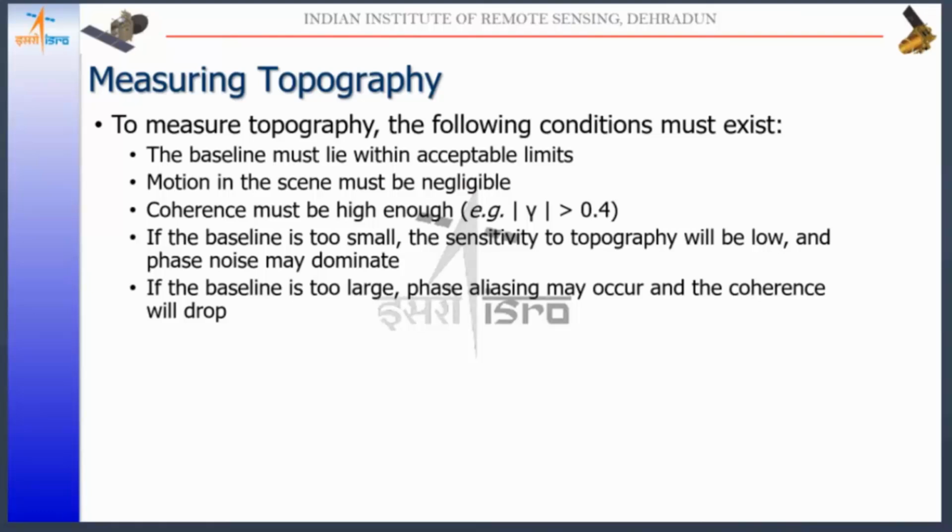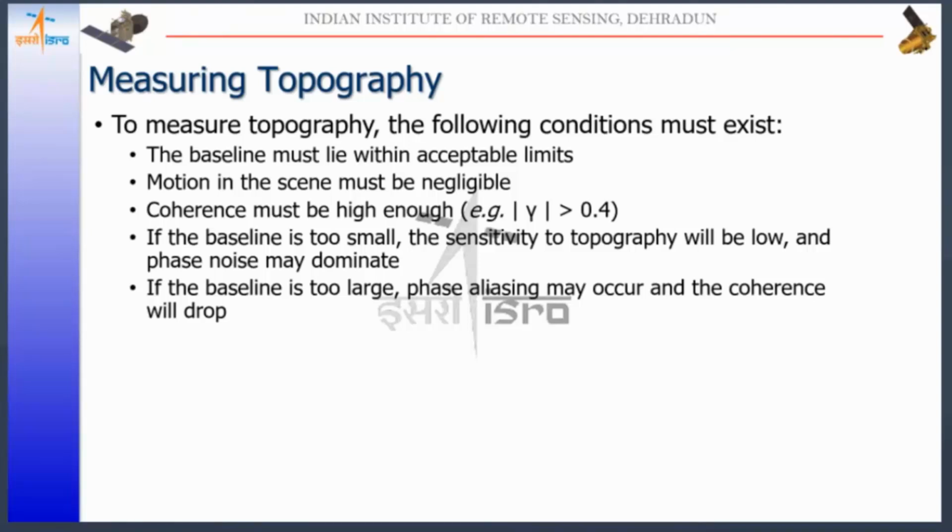Interferograms with very small perpendicular baseline values, like less than 30 meter, are easy to unwrap, but are almost useless due to their high sensitivity to phase noise and atmospheric effects. The positive thing is that it is easy to unwrap, but it will be of no use.